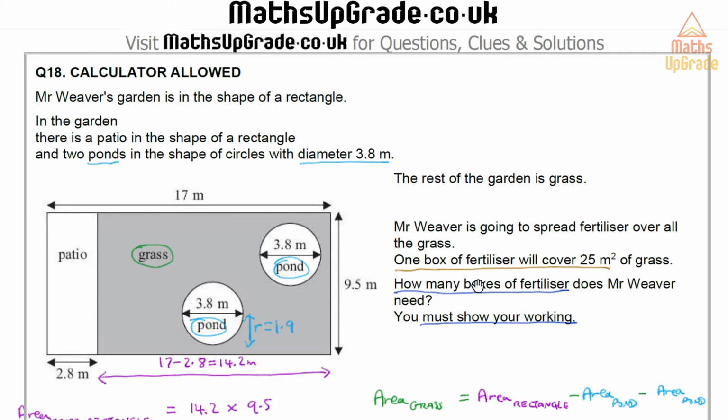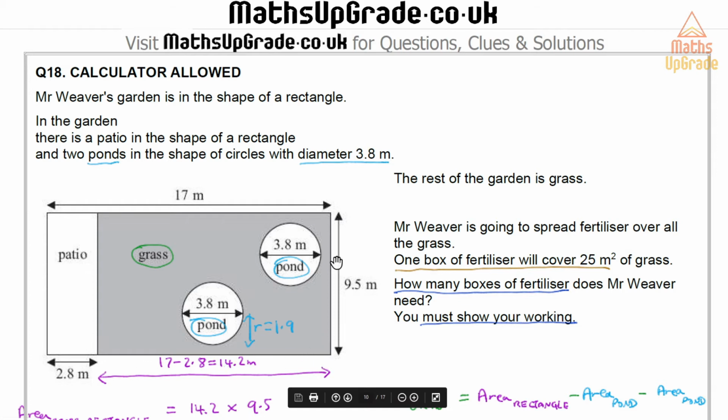So the first thing I'm going to do is find the area of that rectangle. I need the length and the width of the rectangle. The width is given as 9.5, but the length is going to be 17 minus 2.8 because they're both horizontal lengths. 17 minus 2.8 gives me 14.2.